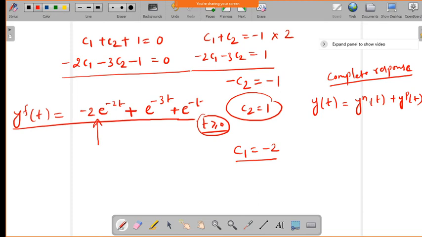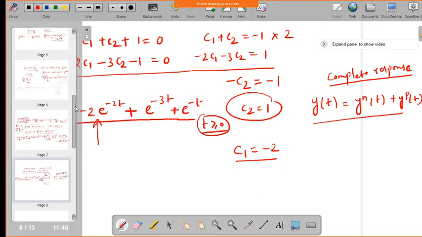Okay. So, we will take some problems and try to do it. If you want to get the complete response of the system, we need to consider both initial conditions as well as the input which we give to the system. Okay.